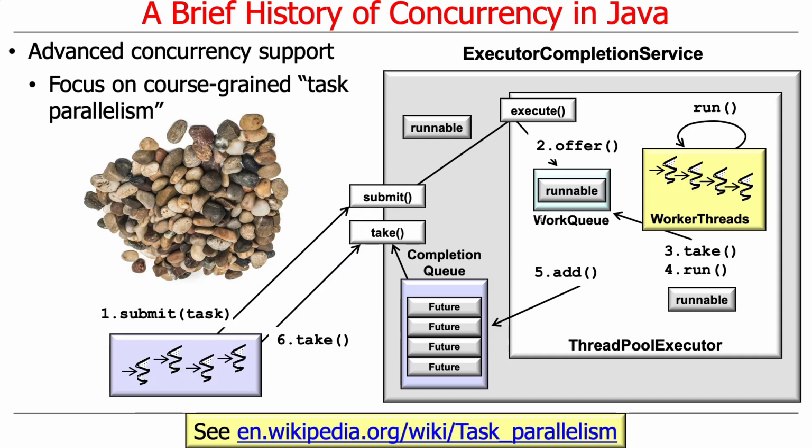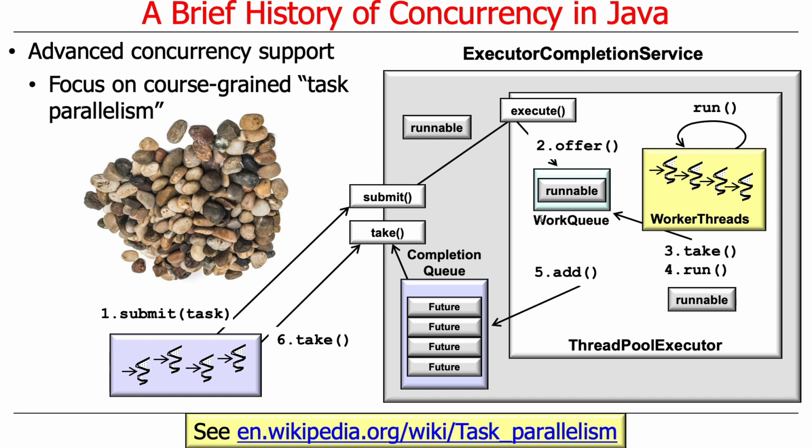As I mentioned, the focus was on coarse-grained task parallelism. So rather than having millions of things, which is what we got with the fork join framework, which we'll talk about in a second, the focus in Java 5 was on fairly coarse-grained tasks. The reason that they did that was that at the time, the 2004 timeframe, most processors had 2 cores. That was the typical amount of parallelism. They didn't have the kinds of processors we have today with 8, 16, and more cores.